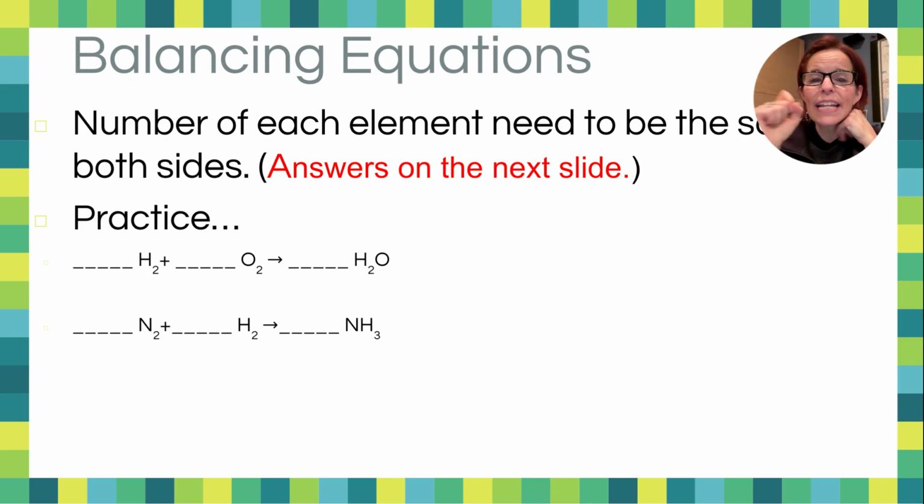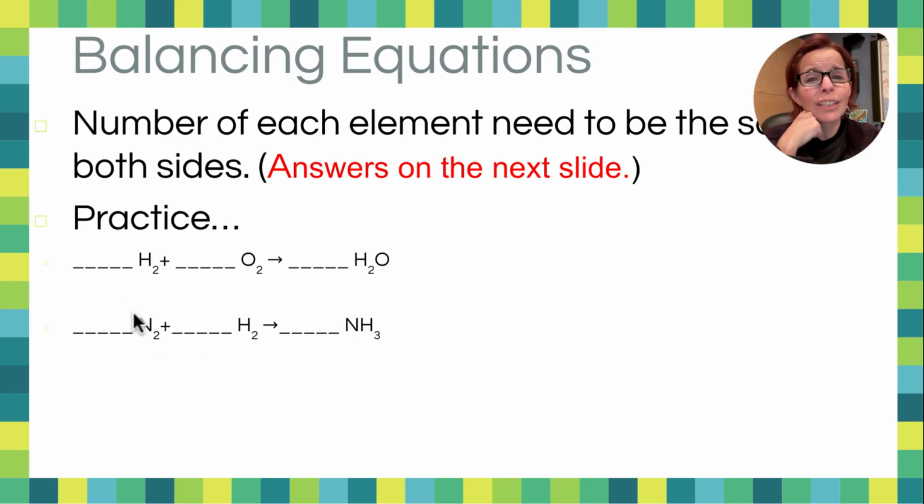I have N2 and H2, diatomic elements again. But on the right, I have only 1 N and I have 3 hydrogens. How could I balance that? Well, let's try balancing the nitrogens. And again, try, erase, try again. What if we threw a 2 in front of this NH3? So if I had 2 NH3s, then that would mean I'd have 2 nitrogens.